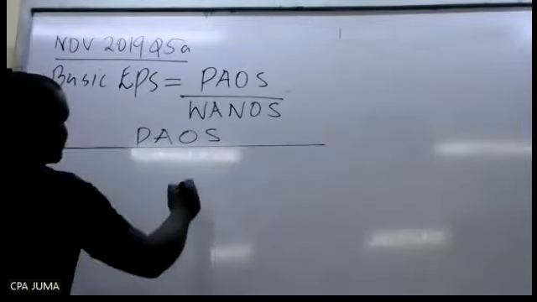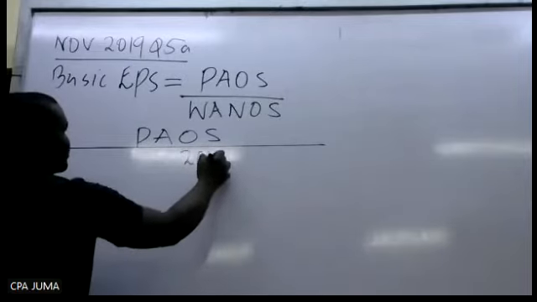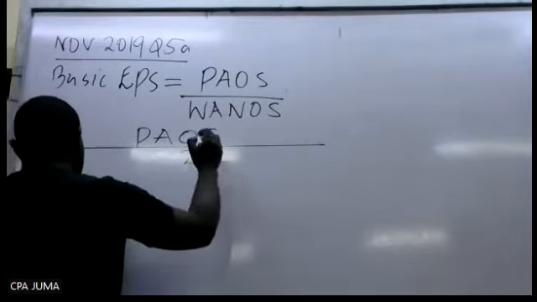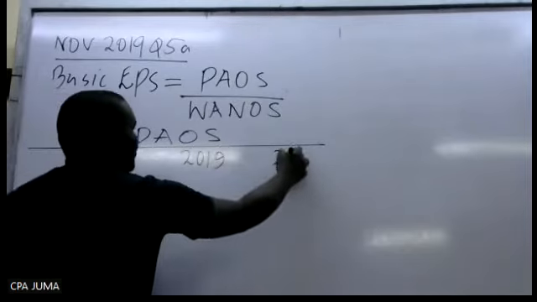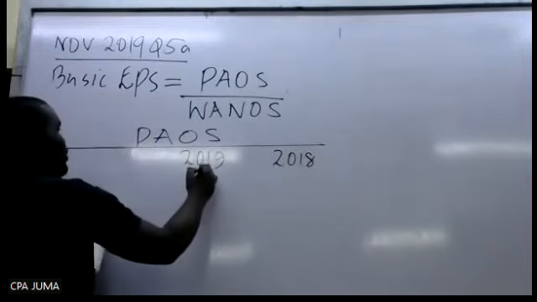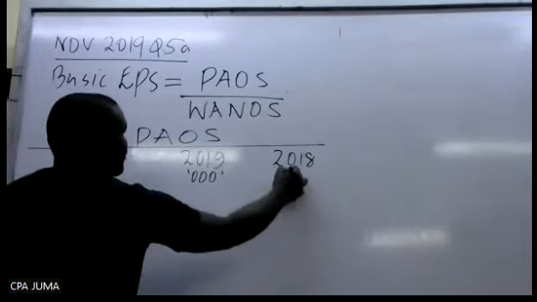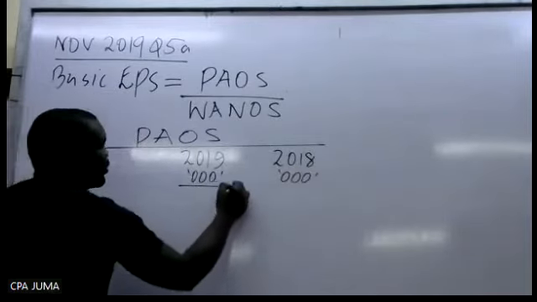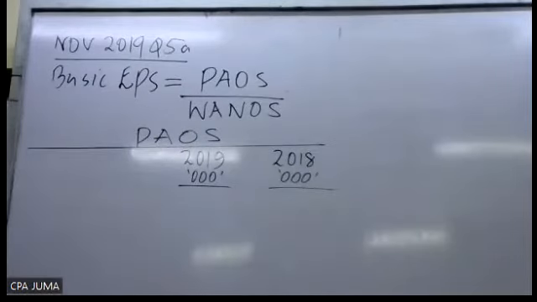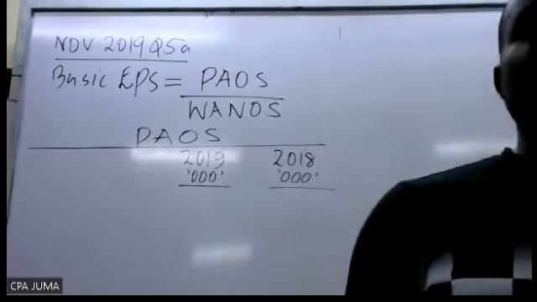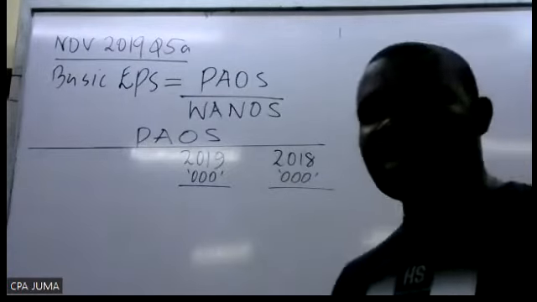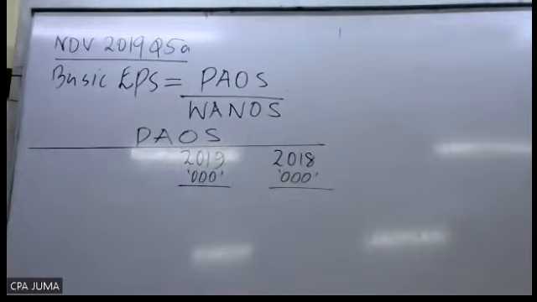So 2019, 2018. We want to know the profit going to the ordinary shareholders of the parent company.